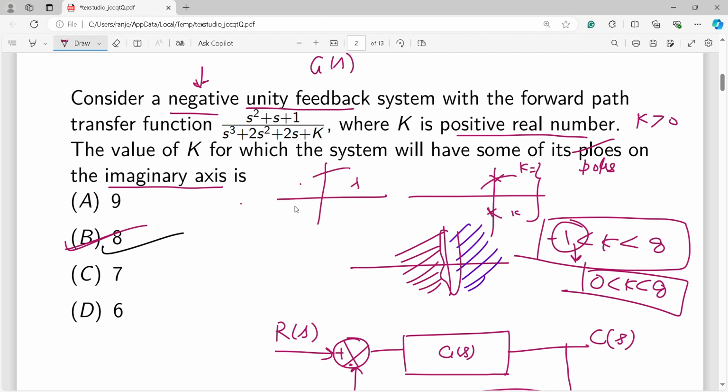Typically this is like a root locus going this side, and k here is 8. After this our pole exists in the right half of the s-plane, so the system goes unstable. So till k is equal to 8, that is k less than 8, 0 to 8, the system is stable.